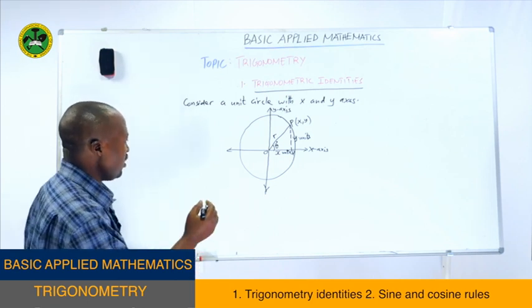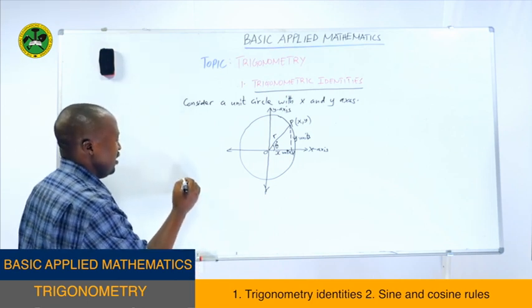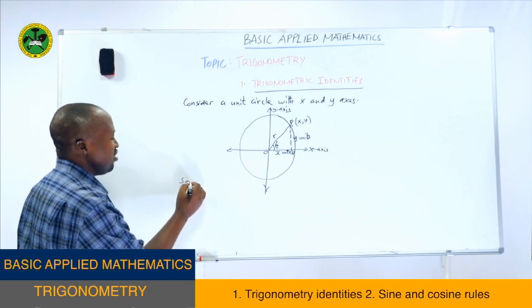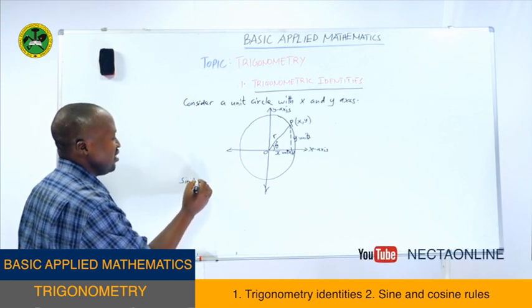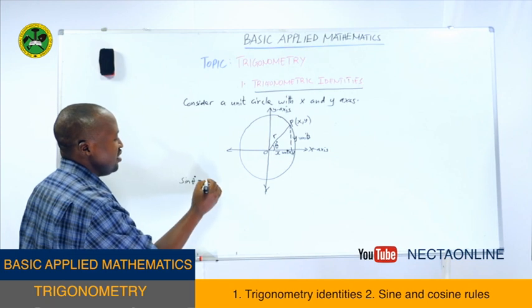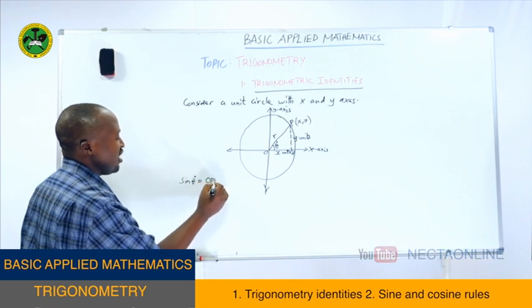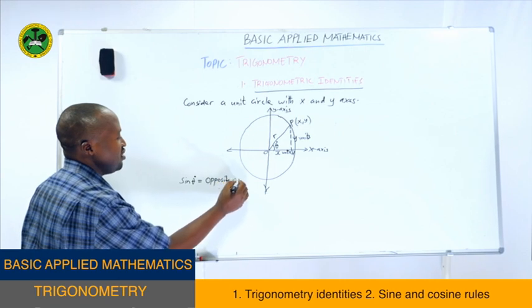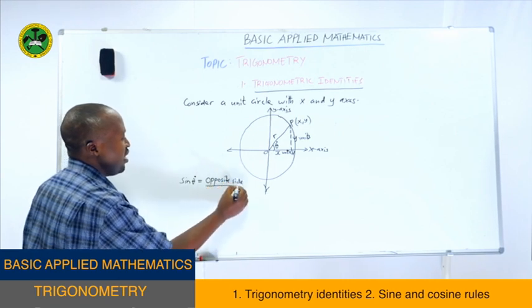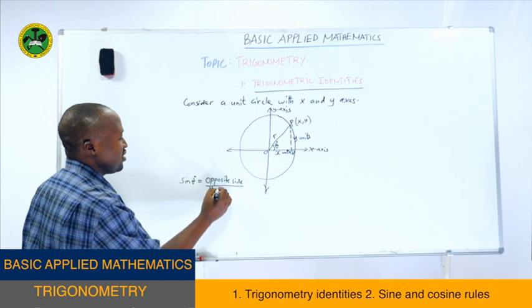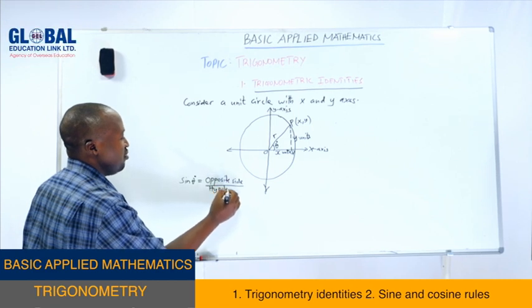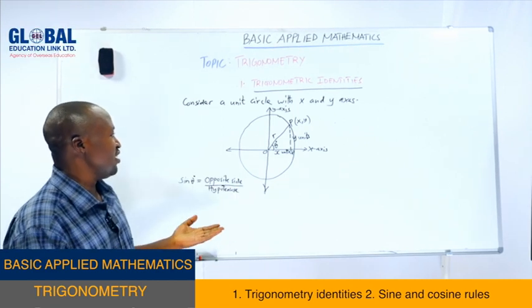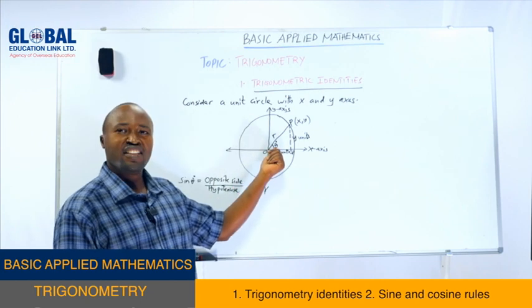Now, remember, sine of any angle, that is sine theta, is given by the opposite side divided by the hypotenuse. Remember, here is an angle theta.